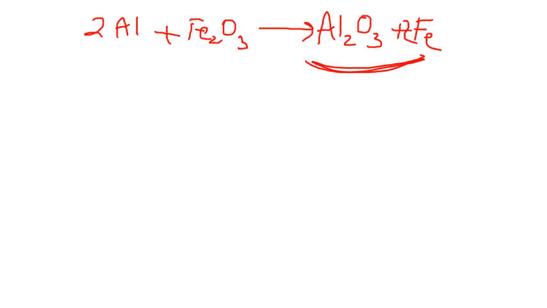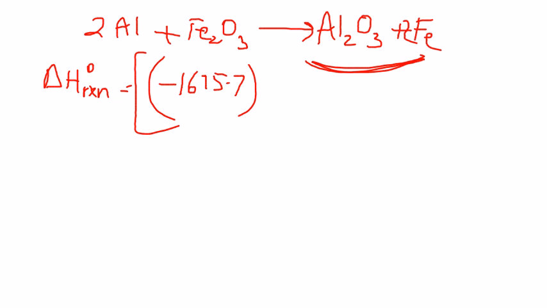So you have the delta H reaction as negative 1675.7. You're getting only 1 mole for that. Iron in the elemental form will be 0, and so will be aluminum. So 2 times 0, we are not going to count that.